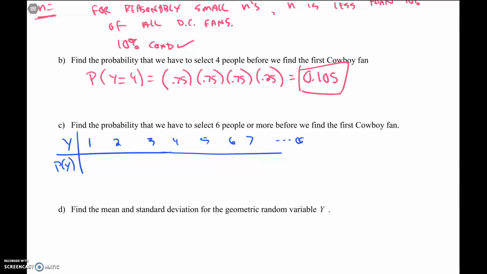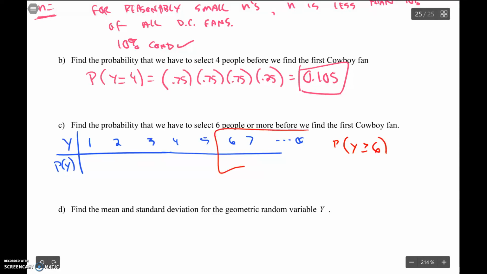Okay, there we go. I want the probability that we get our first Cowboy fan. We have to select 6 or more. So we get it on the 6th or greater than the 6th. That's all of these added together. What makes this kind of hard is I can't really add them all together because it goes to infinity.